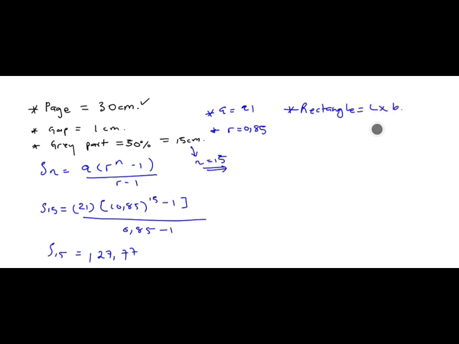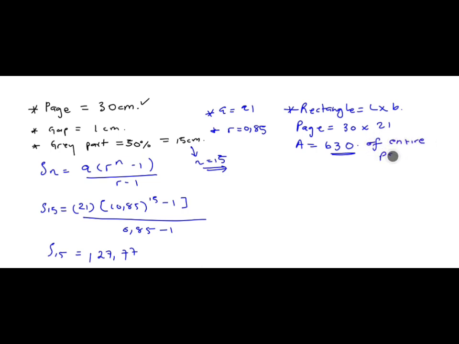We are told that the paper is 30 centimeters long, and the first rectangle fills up the bottom of the page with a length of 21 centimeters. So the area of the page is going to be 30 multiplied by 21. That's the area of the entire page, 630. So that's like the total of the page.